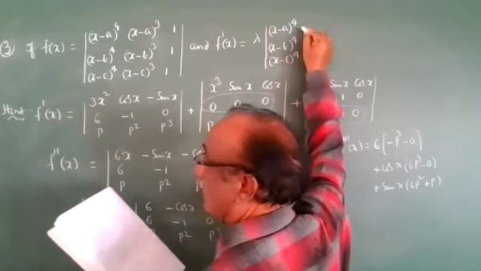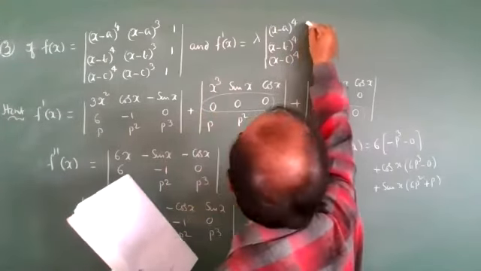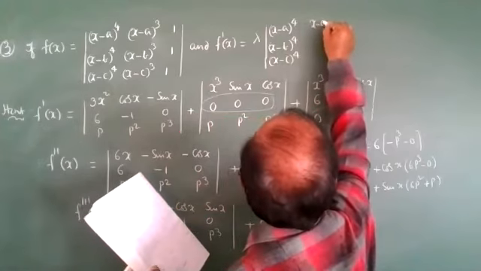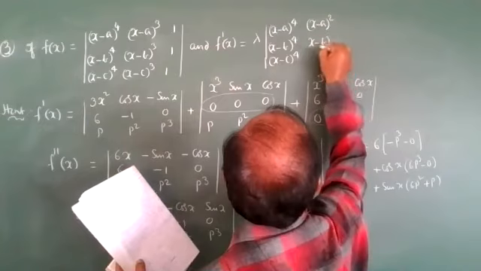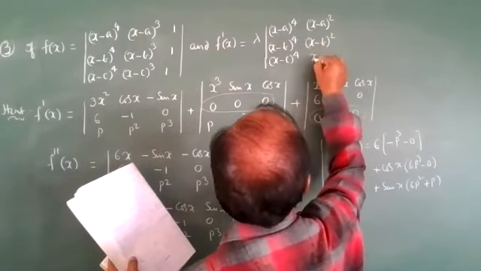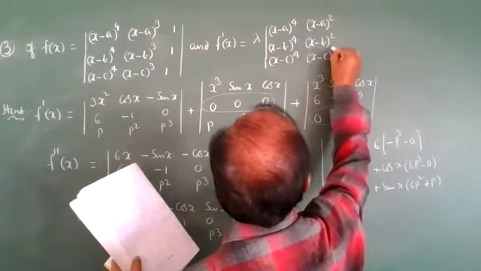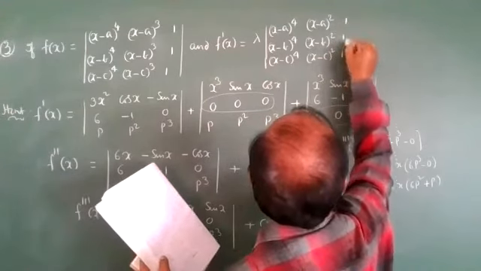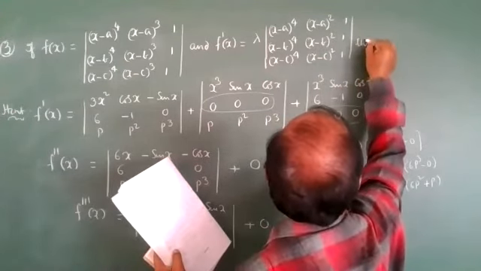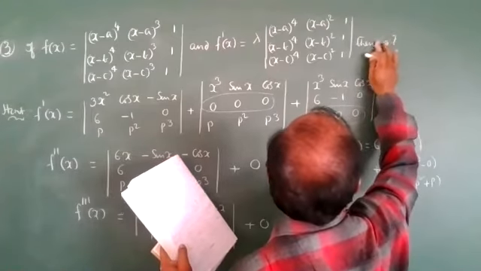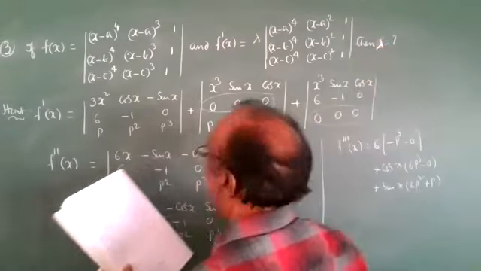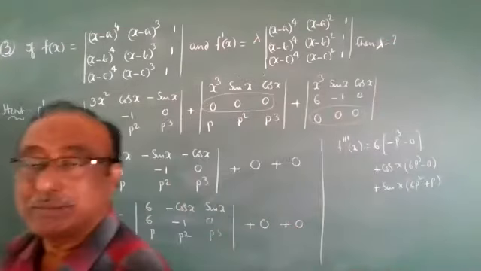Next column is x minus a whole square, x minus b whole square, x minus c whole square, then 1, 1, 1. Then find the value of lambda. This is the given problem.